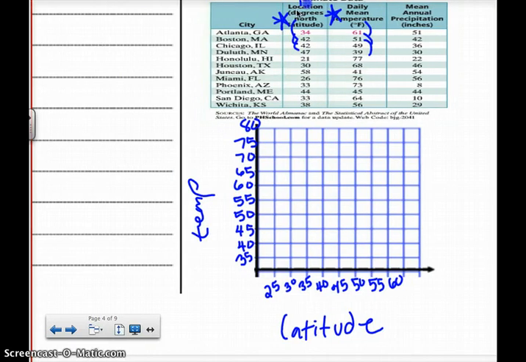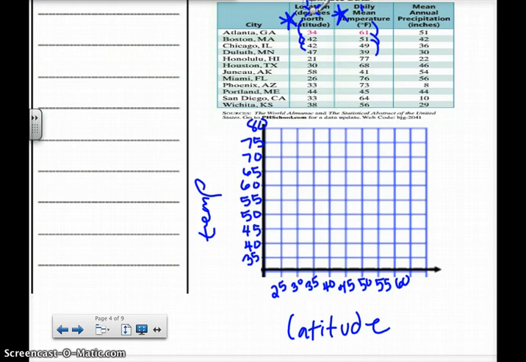Your X, your Y. So Atlanta, Georgia, 34 is my latitude, 61 is my temp. Do not be a perfectionist. This is a rough estimate, okay? So I am not being like 31, 32, 33, 34. I'm just saying, okay, it would be right before the 35, a little bit bigger than 60. Call it good. Don't be a perfectionist over it.